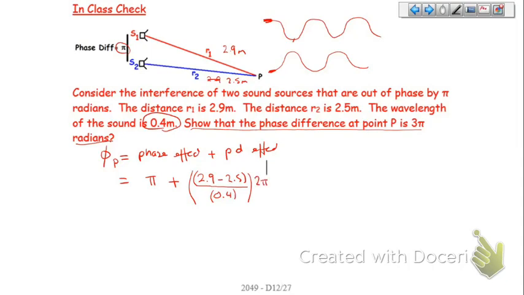That's my path difference effect expressed as a phase angle. So this is pi plus 0.4 over 0.4 is 1, times 2 pi, which equals 3 pi radians. Yep. That's the skill. That's what I want you to know how to do.